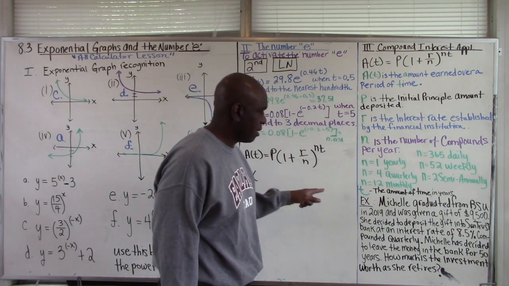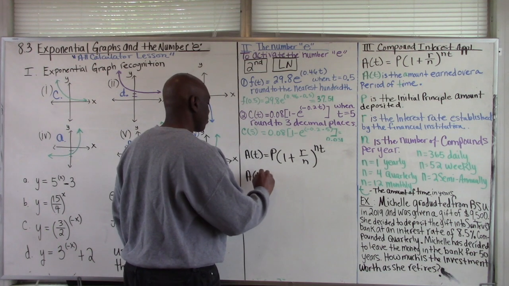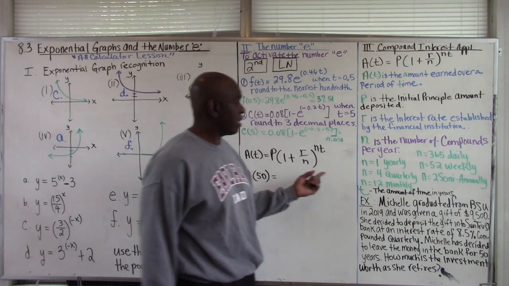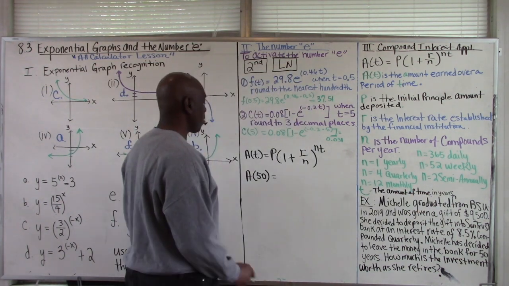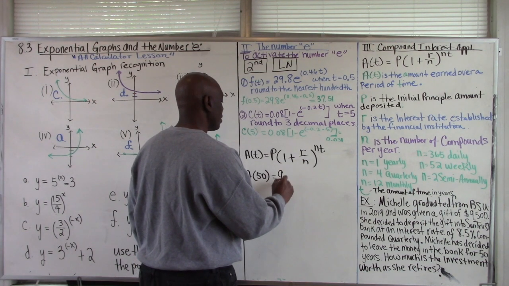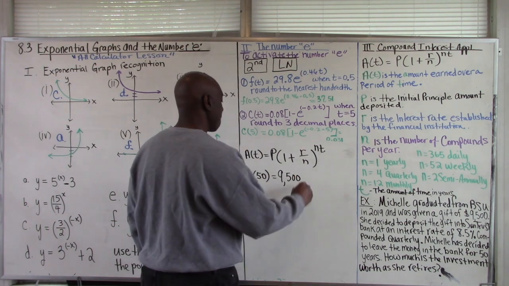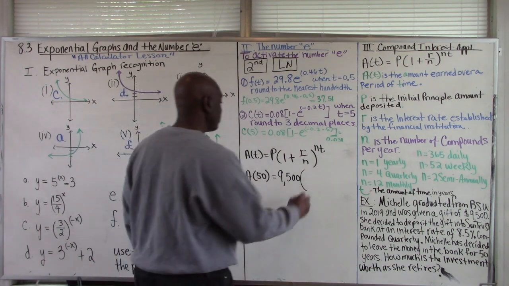T is time. How much time are we talking? 50 years, because t is the amount of time in years. What was the principal amount? P was $9,500.